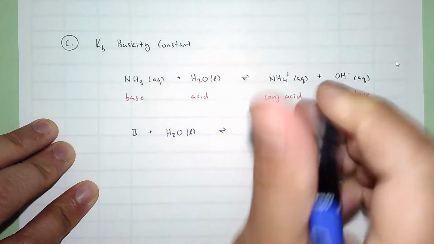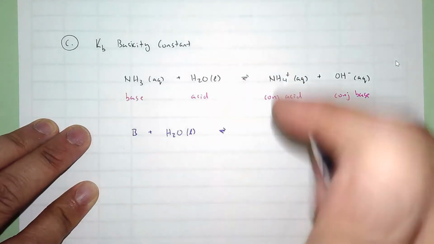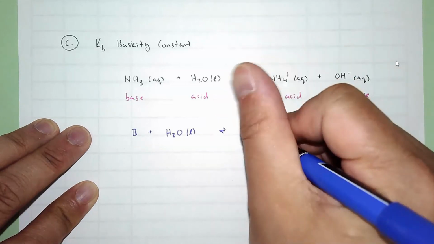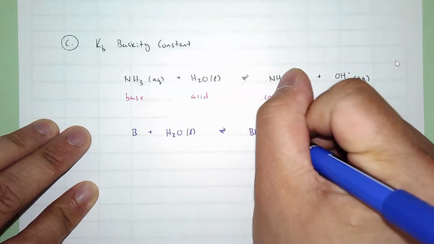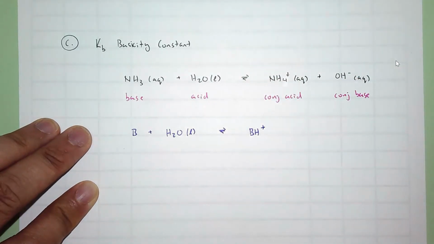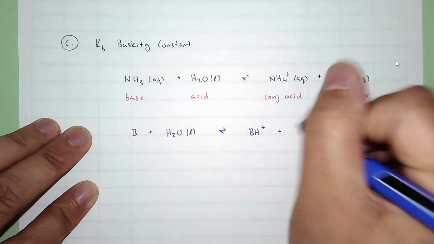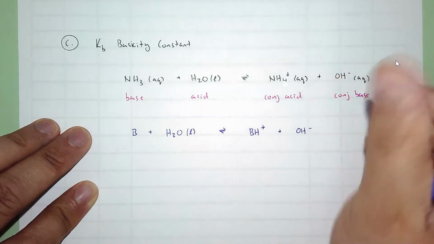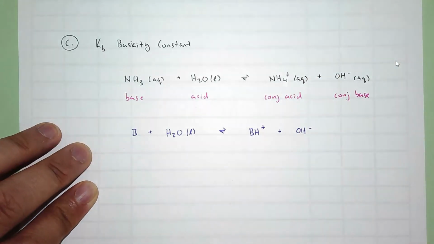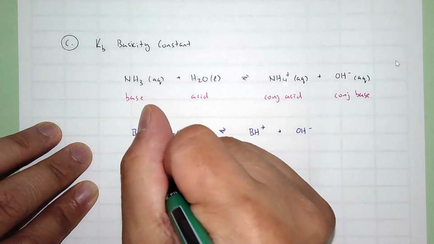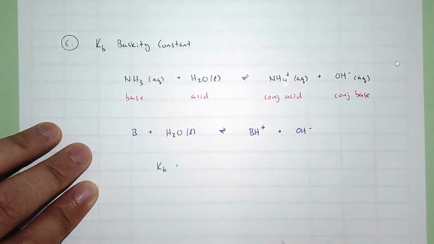And what happened to our base? Our base obtained a proton and became more positive. We could show that with BH plus or HB plus. It doesn't matter to me. Plus OH minus. That is consistent with our reaction. This is the expression that you want to put in a box.